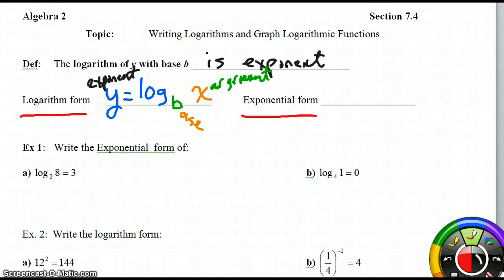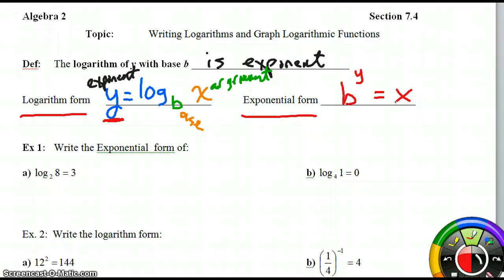This is how we'll translate it. b is going to be our base. Whatever's on the other side of the equal sign is our exponent. And what does this equal? It equals x. So the first thing that you're going to have to do is just get comfortable with looking at logarithmic functions and changing them to exponential and vice versa.